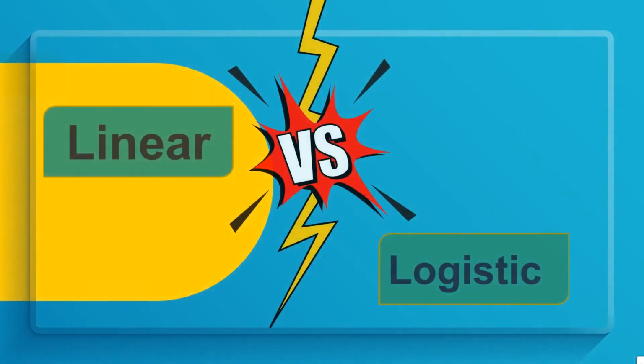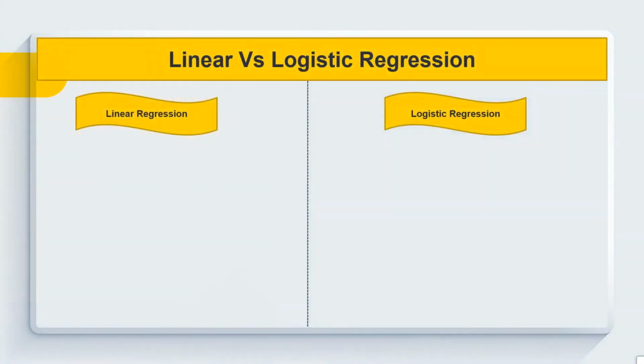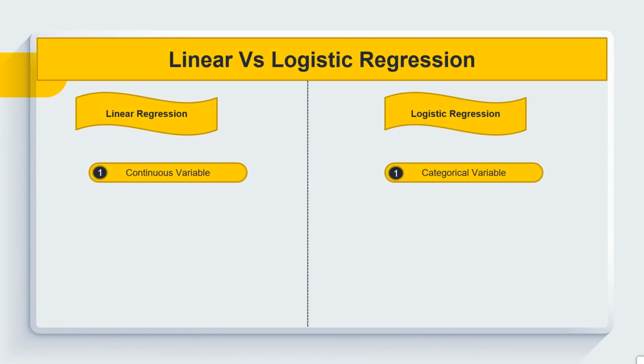Next, let's see what are the major differences between linear regression and logistic regression. First of all, in linear regression, the value of y, the variable which you need to predict, is continuous in nature. Whereas in logistic regression, we have a categorical variable. So here, the value which you need to predict should be categorical in nature.